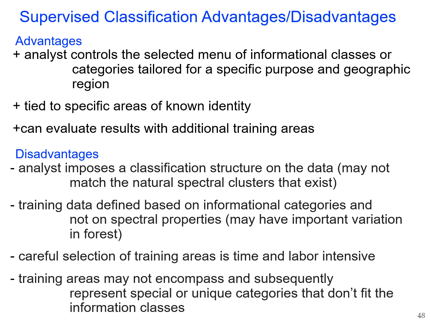Careful selection of training areas is time and labor intensive, which is why in the lab we don't aim on having a really good supervised classification for a large number of classes. We simplify it quite a bit. And training areas may not encompass or represent special or unique categories that don't fit into the information classes that you've generated in your head.